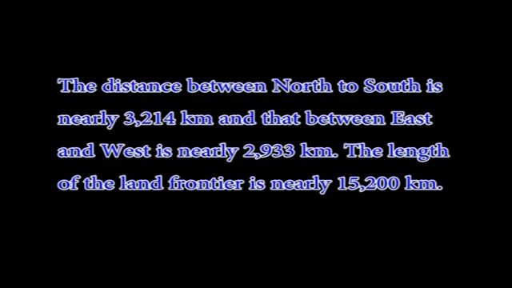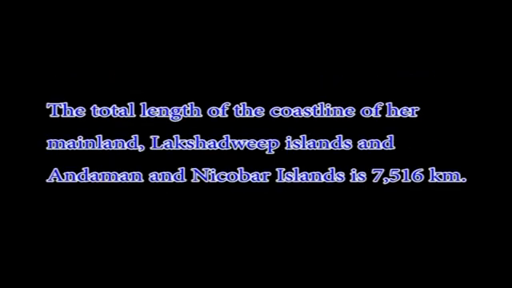The distance between north to south is nearly 3,214 kilometers and that between east and west is nearly 2,933 kilometers. The length of the land frontier is nearly 15,200 kilometers. The total length of the coastline of the mainland, Lakshadweep Islands and Andaman and Nicobar Islands is 7,516 kilometers.